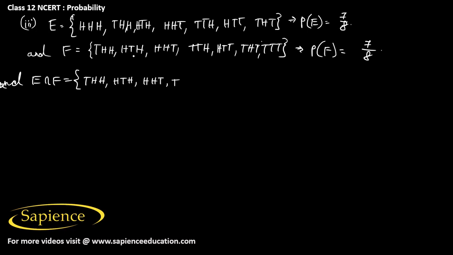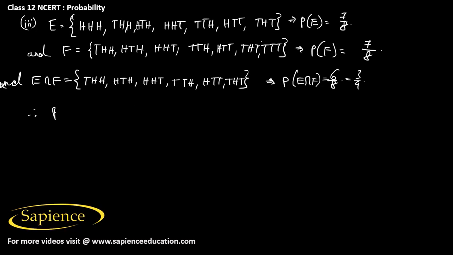So tail, head, head, and then head, tail, head, and head, head, tail, and then tail, tail, head, then head, tail, tail, then tail, head, tail. So these are the common outcomes. So therefore, the probability of the event E intersection F is obviously 6 by 8. Or you can write it as 3 by 4.